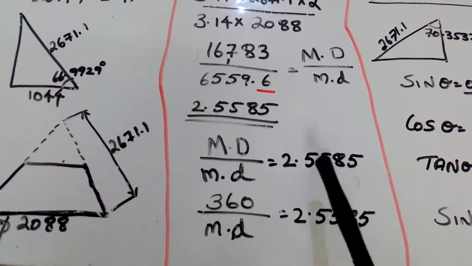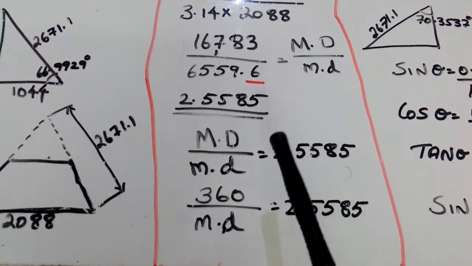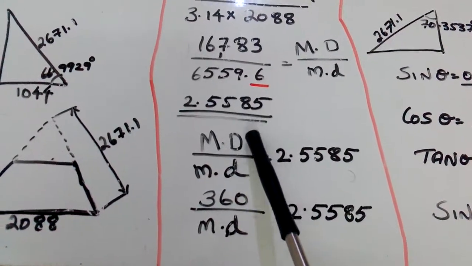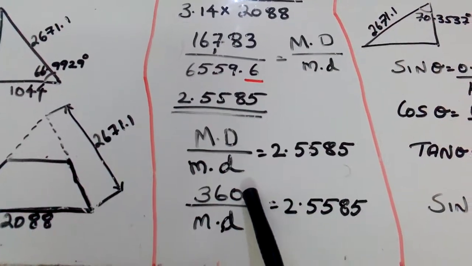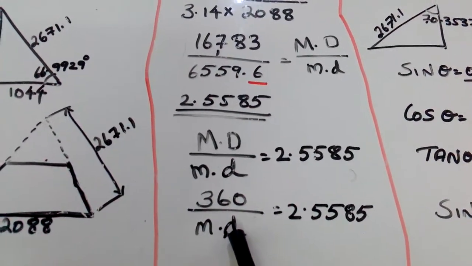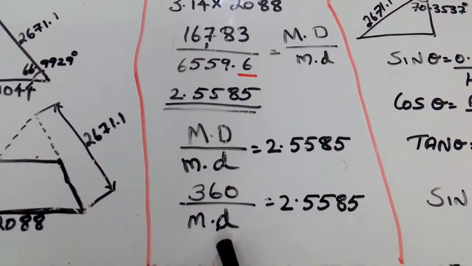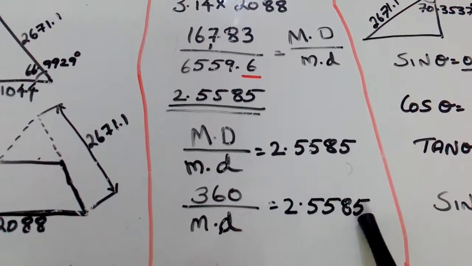For finding out these measurements, all values can be given. MD, capital major degree is 360. Minor degree we have to find out. So write there running letter MD. 360 divided by minor degree is equal to 2.5585.